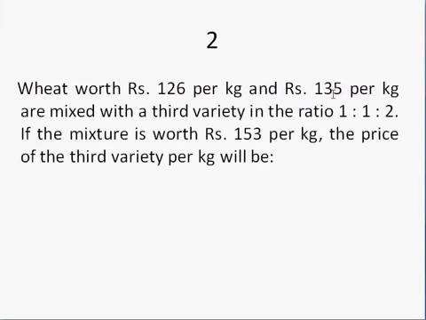Now forget these two varieties. Now we have one new variety and one third variety. Now the mixture will be equal in quantity. Okay, we'll see how. The mixture is for 153 per kg, but we need to find out the price of the third variety.